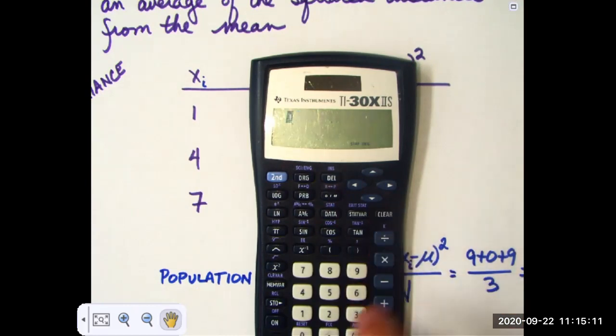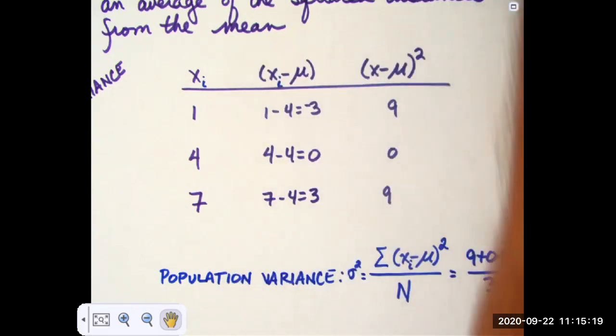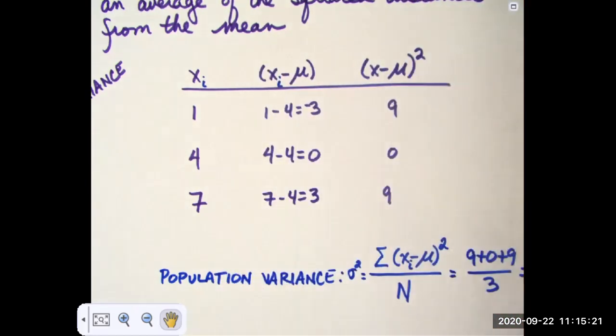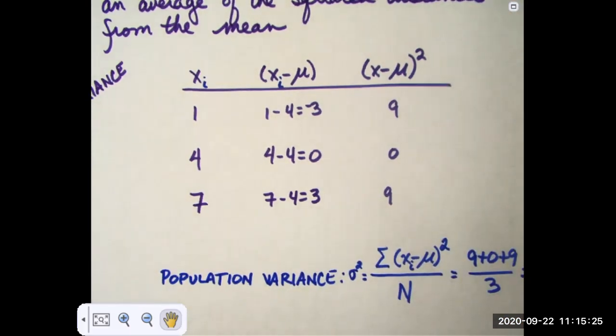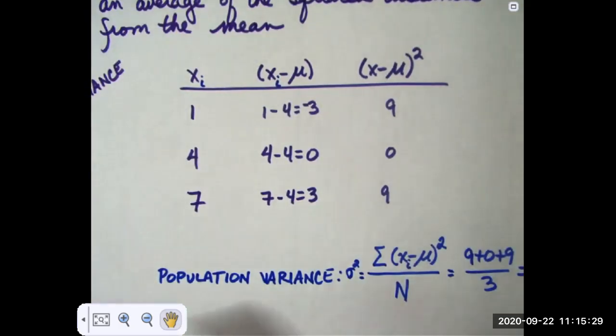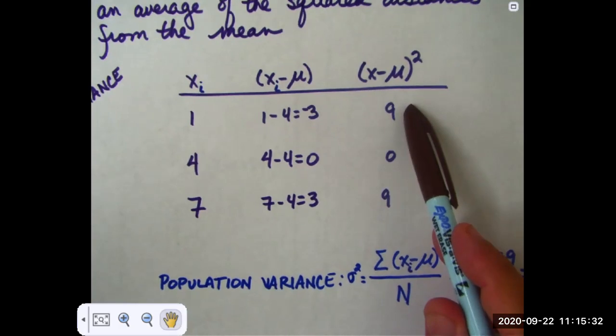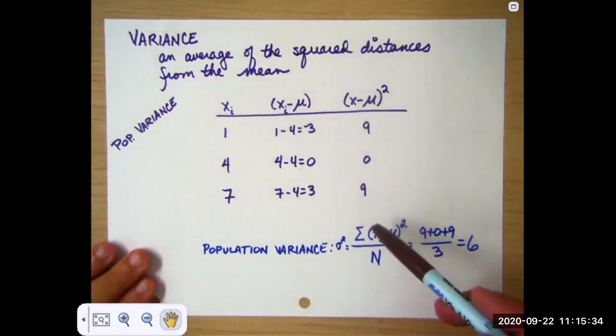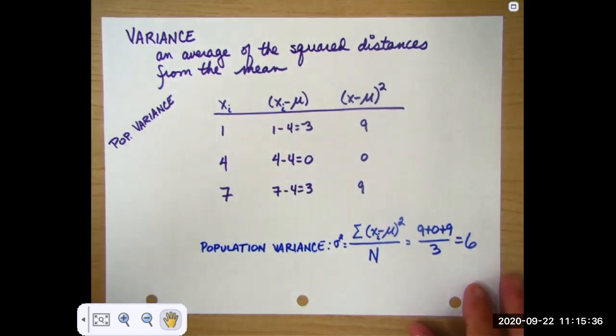But that's not what we want. We want the entire quantity of -3 squared. All of your squared deviations from the mean must be non-negative. I'm going to say it again. All of these squared deviations from the mean must be non-negative.